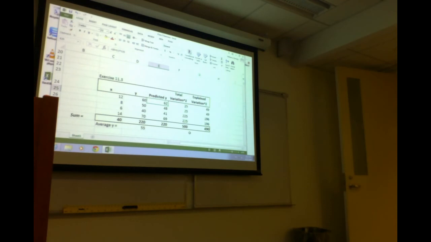So the amount we predicted was 62. The average was 55. So we explained a 7% difference. That 7% difference from the average of 55 to 62, we explained with our regression equation.